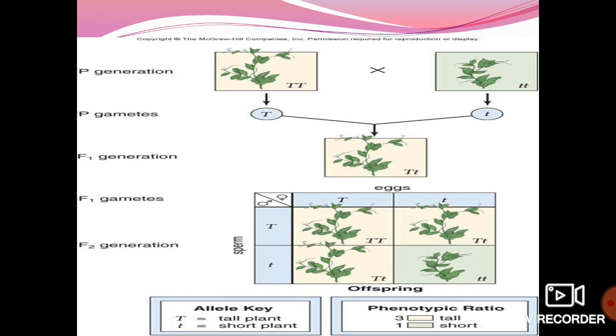In the bottom box, you would see that the ratio is 3 tall is to 1 short. This 3:1 is the phenotypic ratio for monohybrid cross, and it justifies our first law of inheritance and the second law of inheritance.